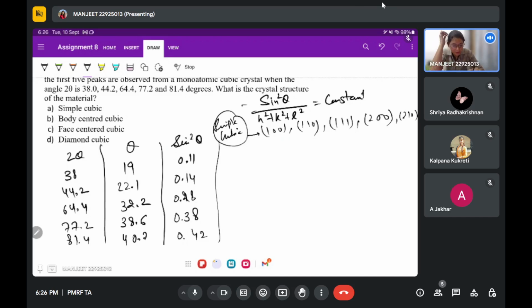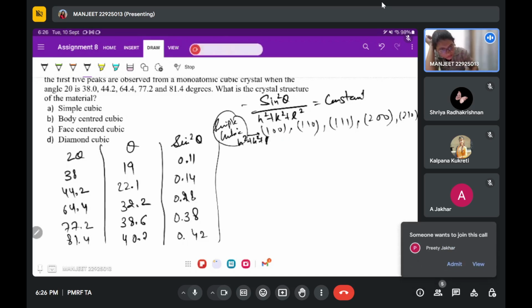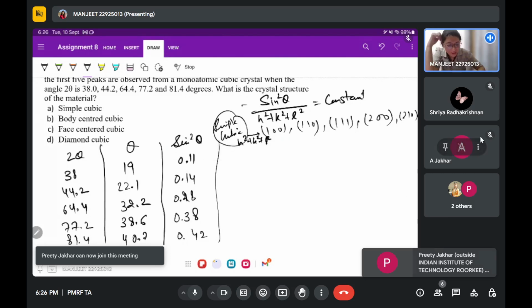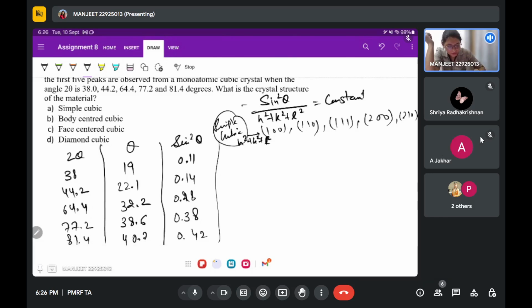Now I'm considering the value of h² + k² + l², because we have to calculate sin²θ divided by h² + k² + l².